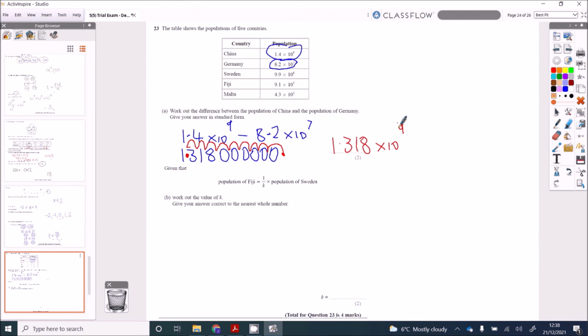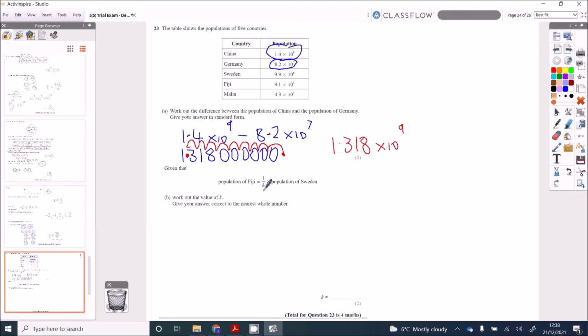Now, for part B, there's quite a confusing way they've written this down. They're basically saying, take the population of Sweden, what would you times it by in order to get the population of Fiji? Okay, so it's quite a confusing way they've written it. I think it's easier to think of it rearranged.